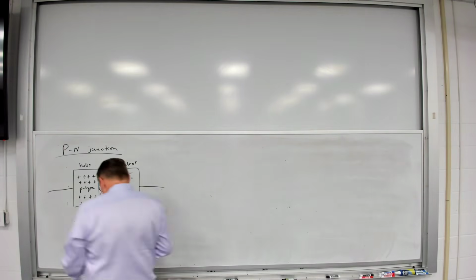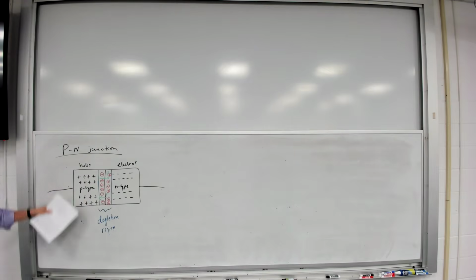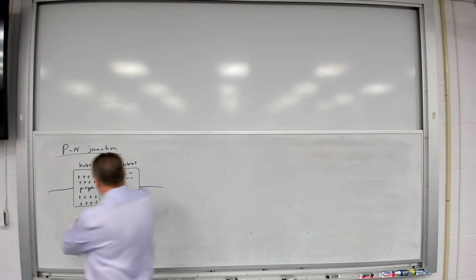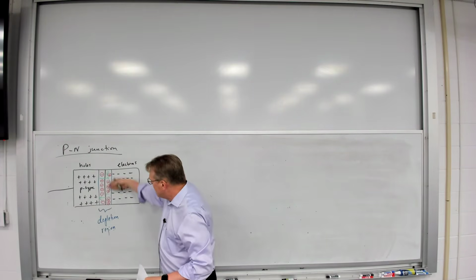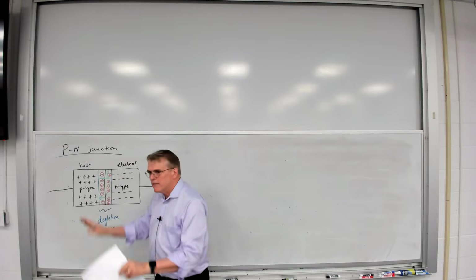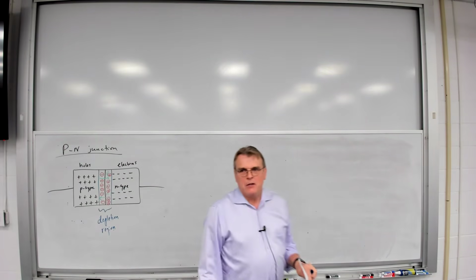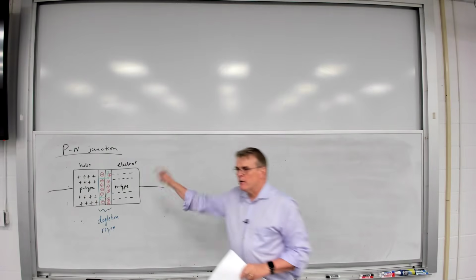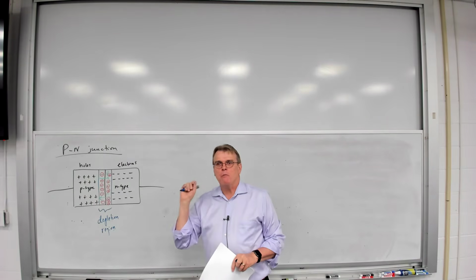Okay? Now, this depletion region has an interesting property. As it forms, we start having net positive and net negative charge. And so it starts to create something called a potential barrier.